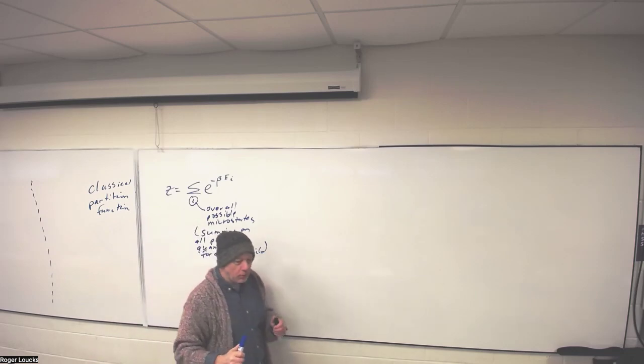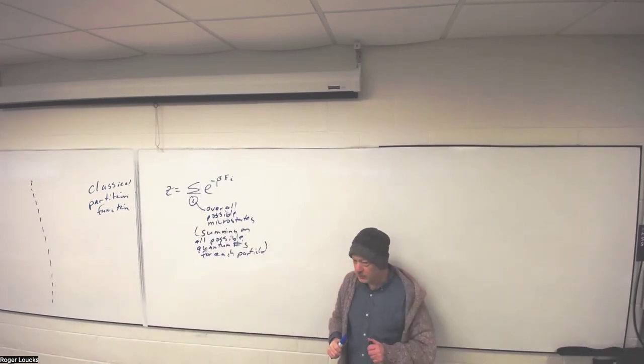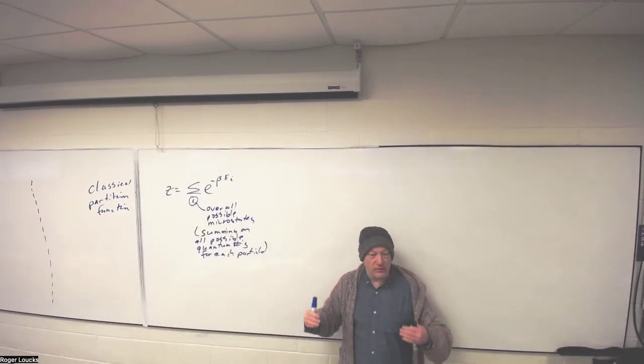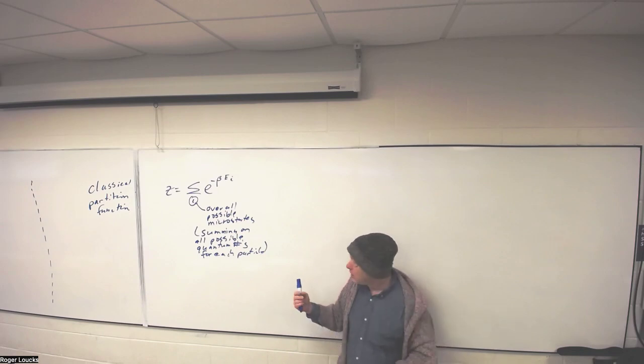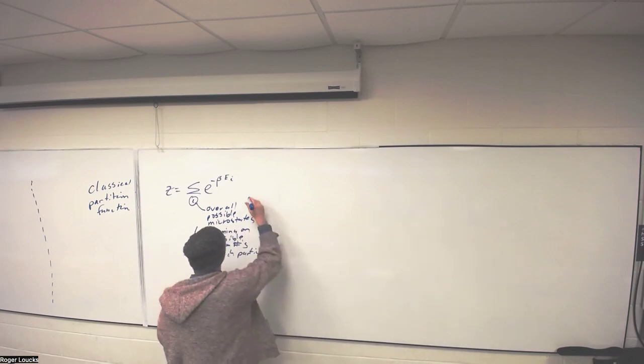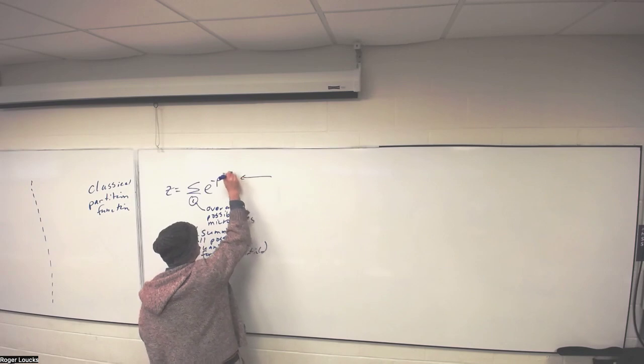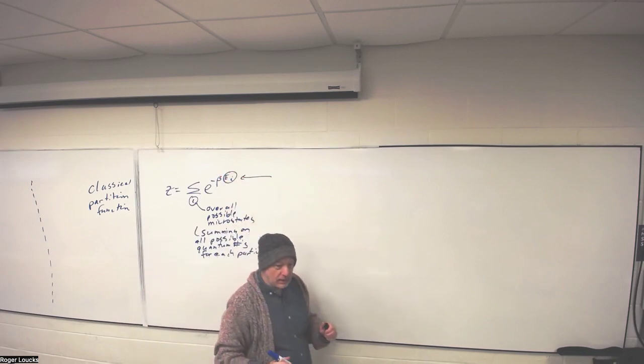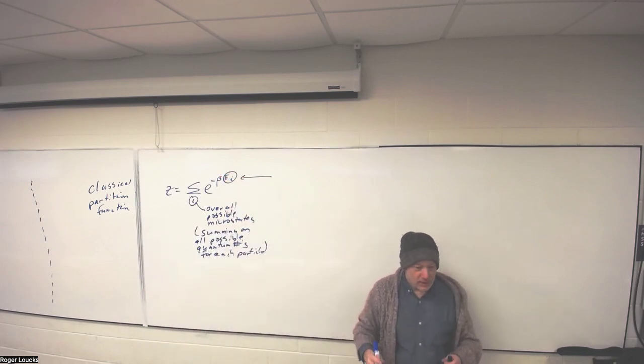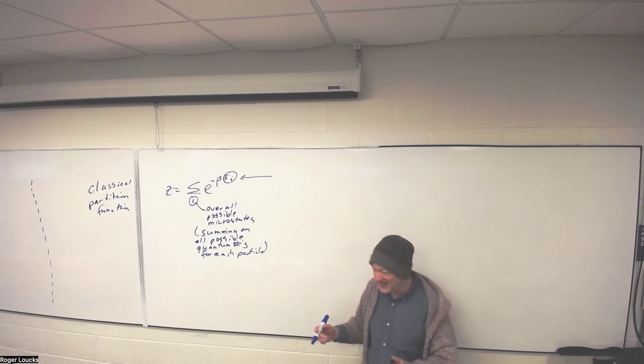Okay, well, what did Boltzmann not have? Quantum mechanics. So the question is, what did Boltzmann do? If you're Boltzmann, what was your energy back in the 1800s? Kinetic plus potential.